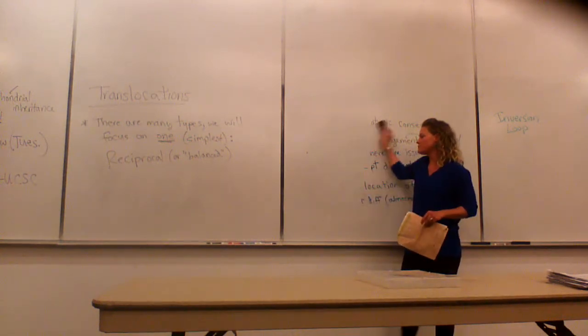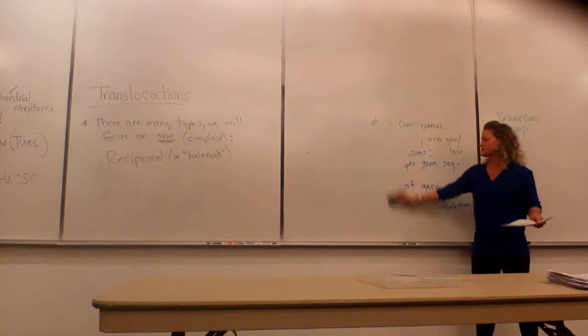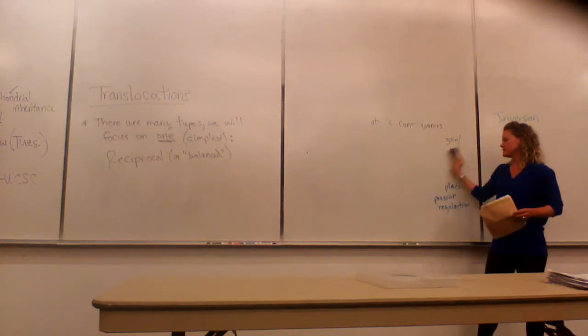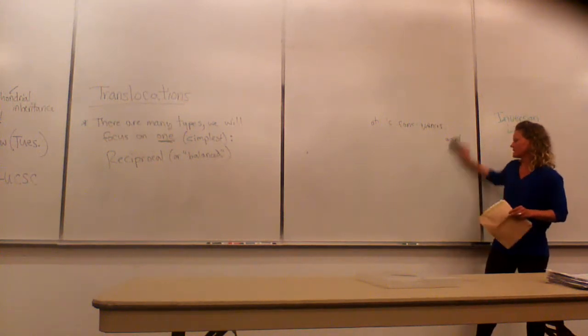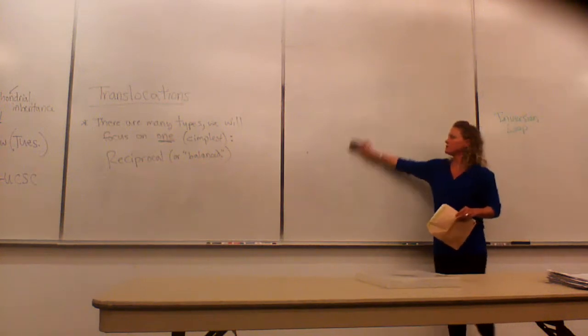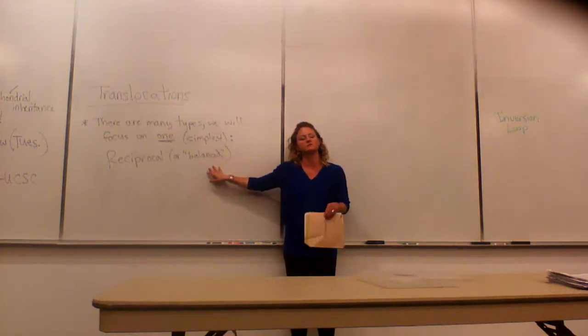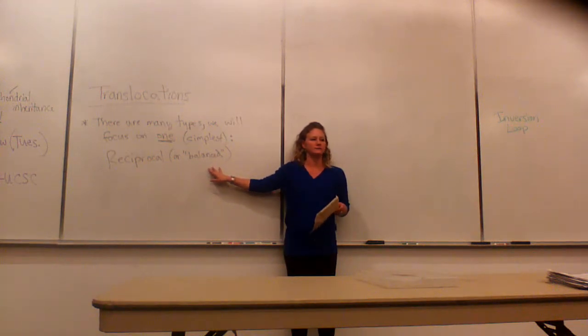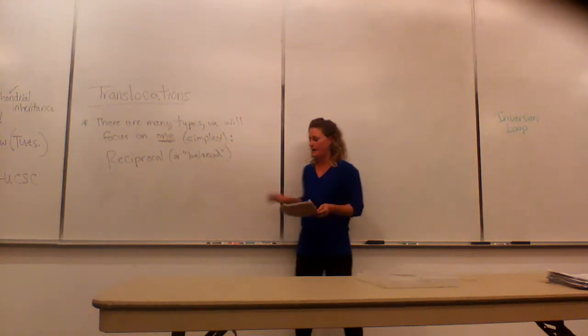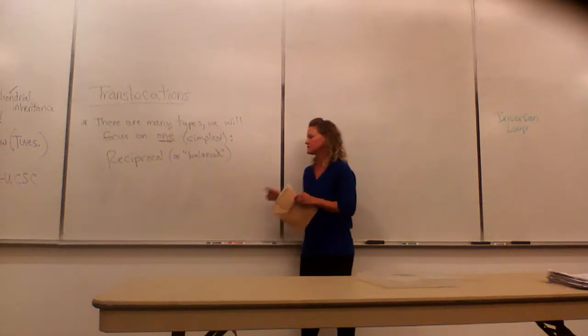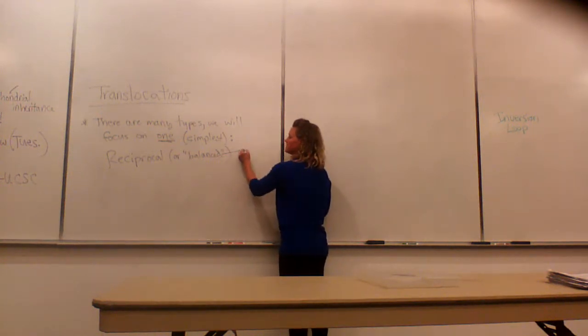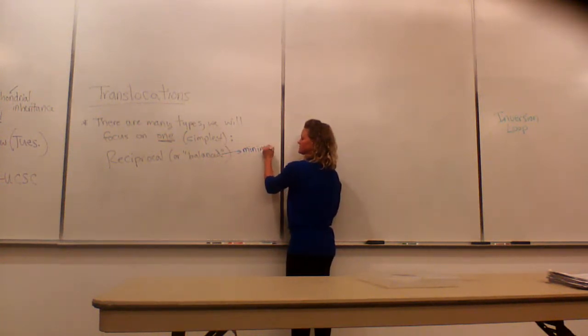So one piece breaks from one chromosome, gets introduced onto the next chromosome, and the same happens in return, so it's essentially a reciprocal exchange. Each chromosome exchanges a piece of its genetic material. So it's balanced. Again, no gain or loss of genetic material, and because it's balanced, there's a minimal phenotypic consequence.